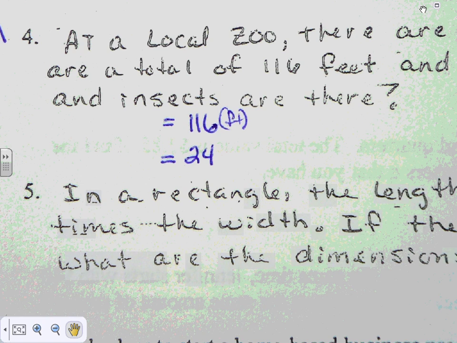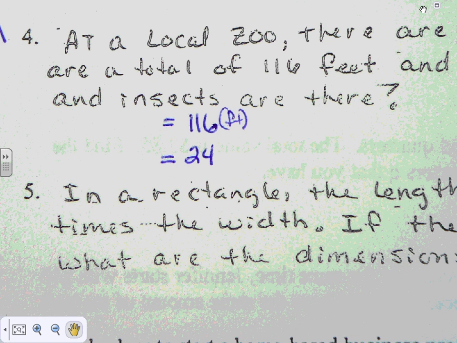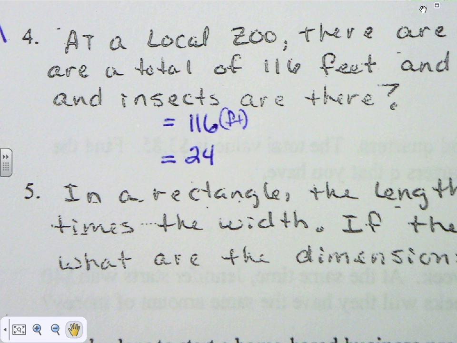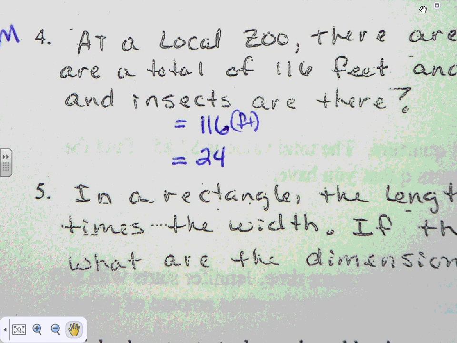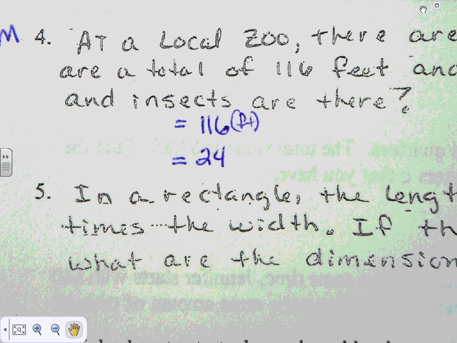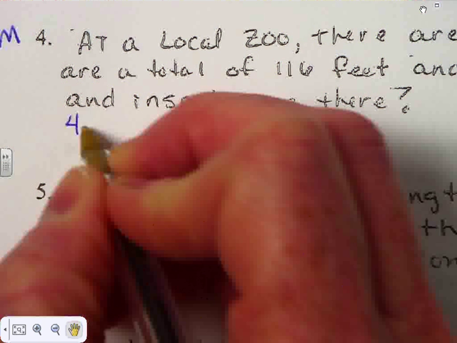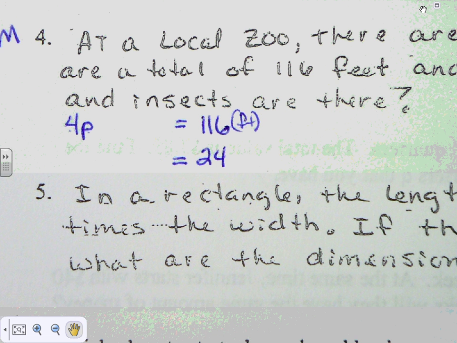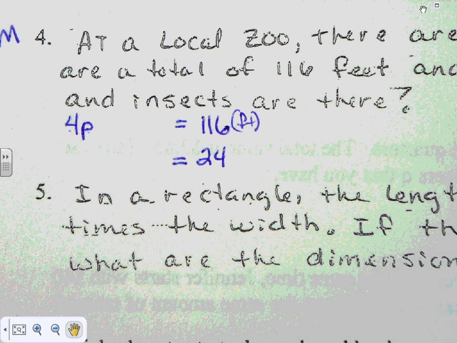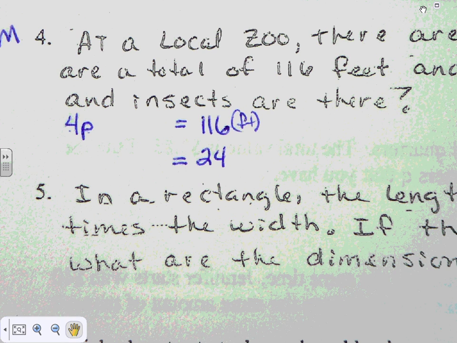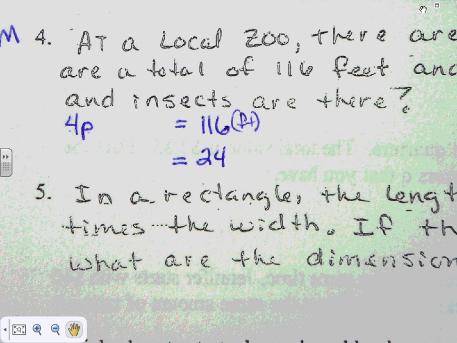So we decided we would have P's and I's for pigs and insects. Since we're talking about feet, how many feet does a piggy have? 4. We hope so. So 4P, 4 feet per pig. How many feet does an insect have? It just depends. 6.